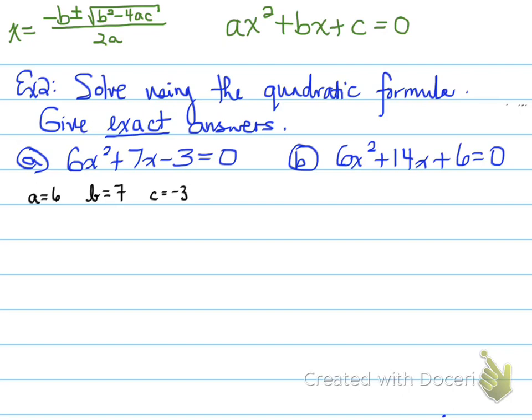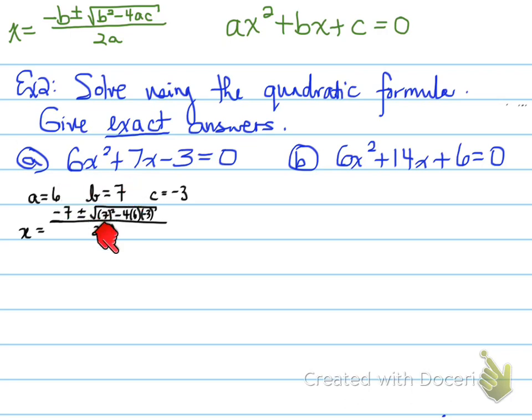Now we plug into the quadratic formula. X equals, so negative b, so b is 7, negative b is negative 7, plus or minus square root b squared, so again 7 squared, minus 4 times a, which is 6, times c, which is negative 3, all over 2a.